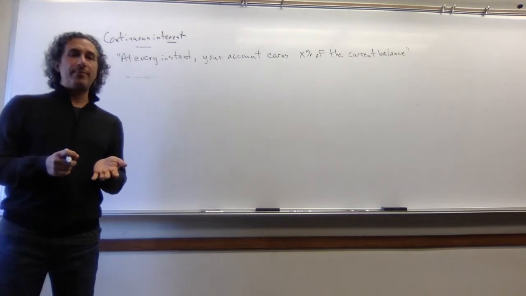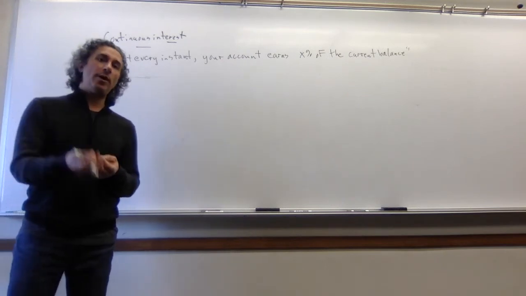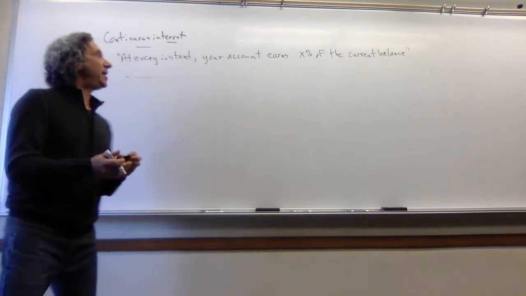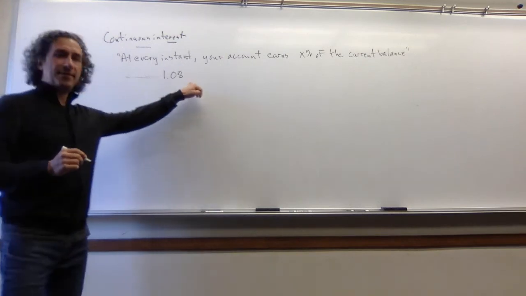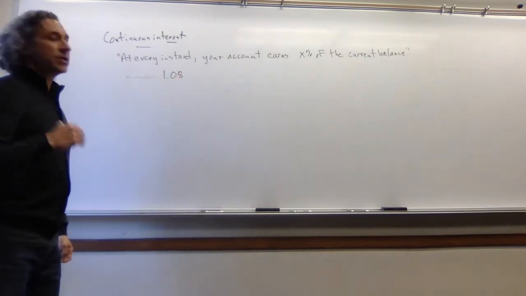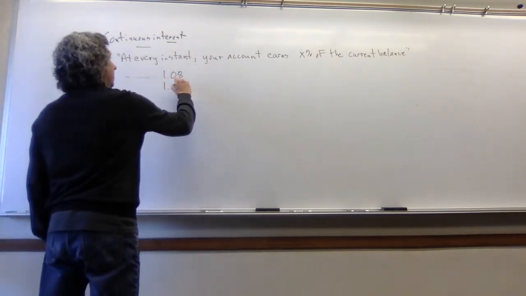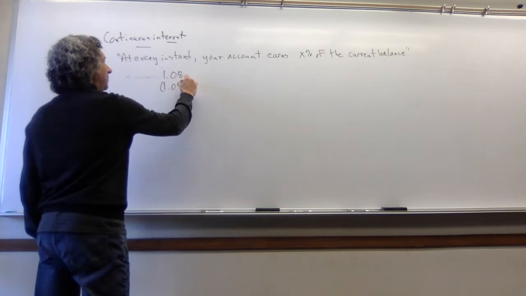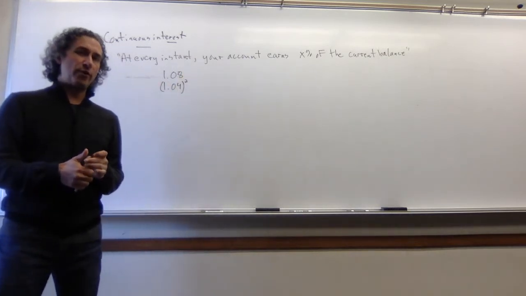So for example, if you take 8% and you compound that once per year, that would be 1.08 times whatever you had at the start of the year. It would be better for you to compound that twice a year. So what that would mean is you take 4%, which is half of that, and then square it. So the 1.04 times 1.04.